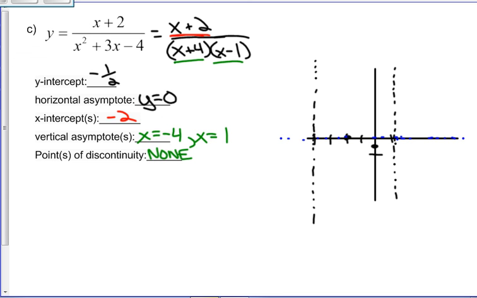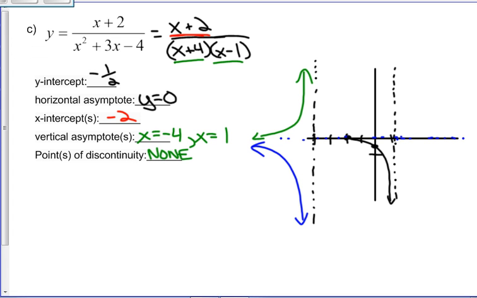So we can probably assume that this does that, but I have no idea what is going to happen to the left of that. Maybe it's going to turn around, maybe it's going to go upwards as I move to the left. In terms of the far left, I have no idea whether it's this or this.